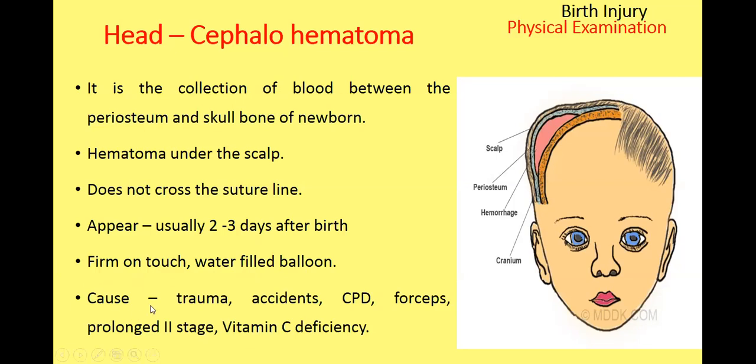Causes behind the cephalohematoma: trauma, accident, cephalopelvic disproportion, use of forceps during delivery, prolonged second stage of labor, vitamin C deficiency in the mother, or sometimes use of fundal pressure at the time of delivery. So it may count as birth injury.